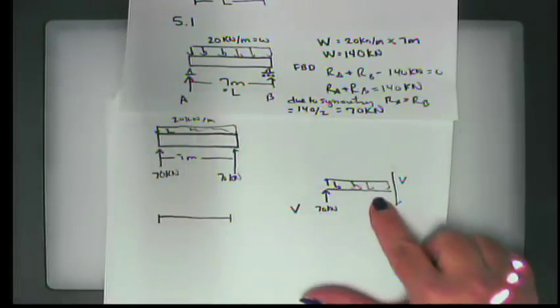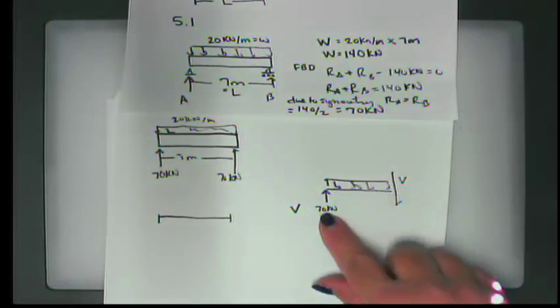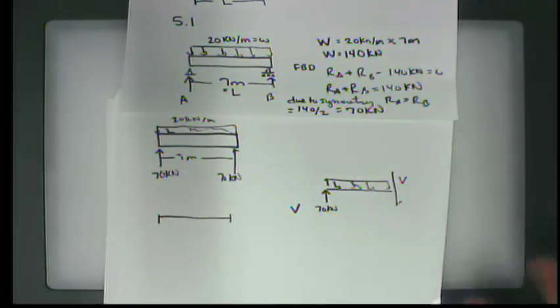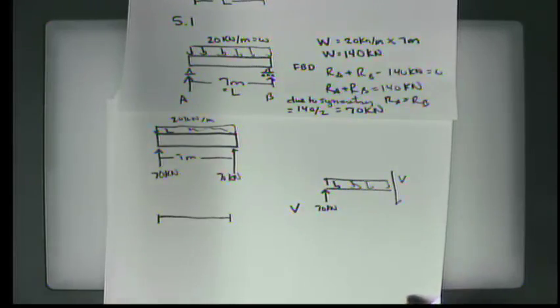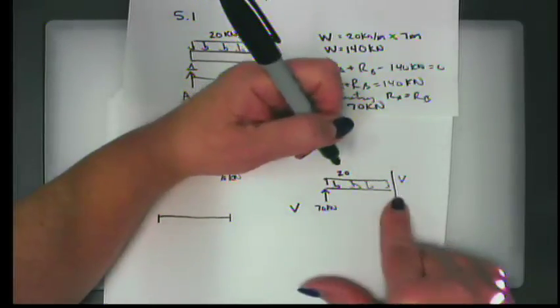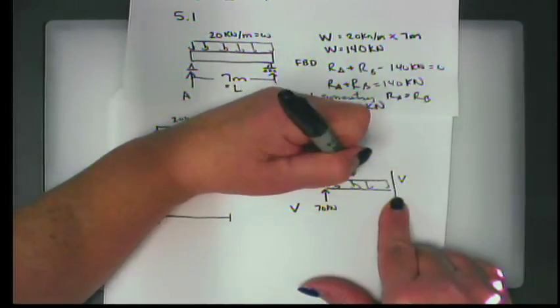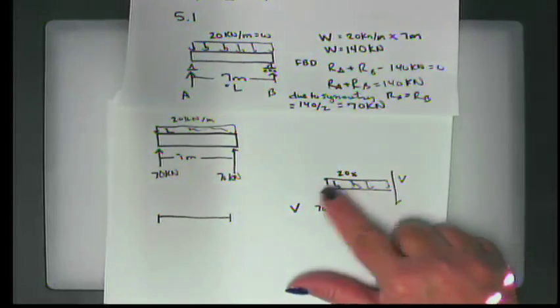Now, if it was the entire length of the beam, the pushing down force would be 20 times the length, which is 7. However, here, it's just some arbitrary number from 0 to 7, which is x. Okay, so pushing down, I have 20 times x.